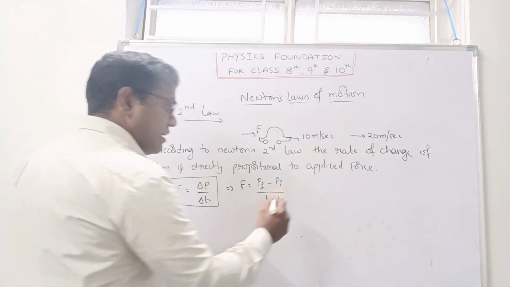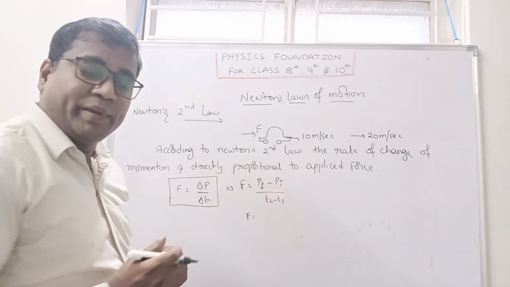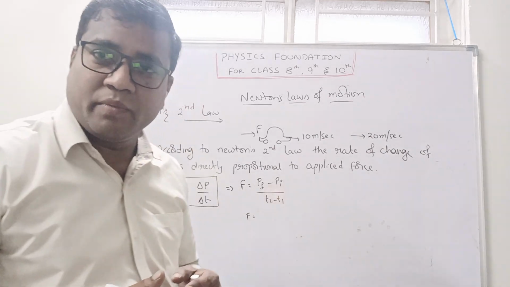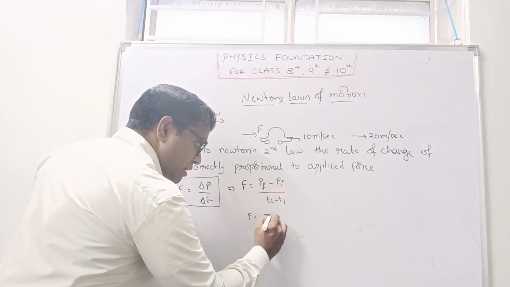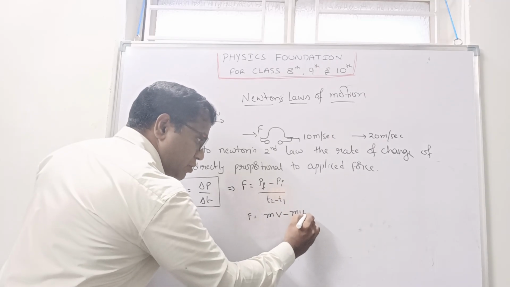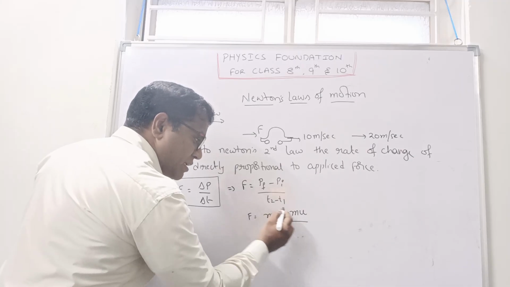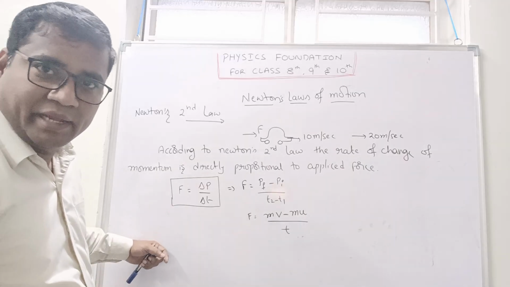So again I write F is equal to final momentum, which is mass into velocity. Pf can be written as m into v, minus Pi, which can be written as m into u, upon the time difference, which I am writing as t.